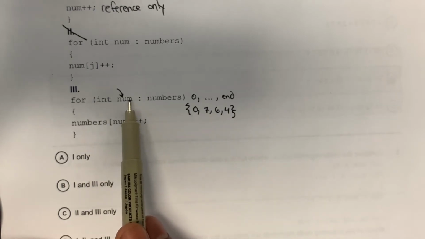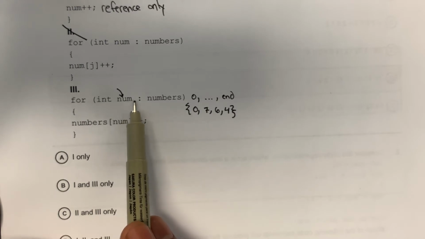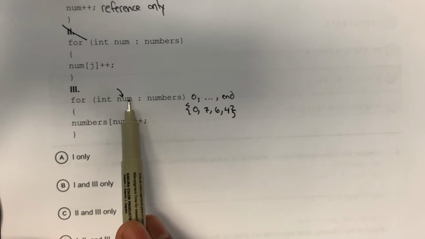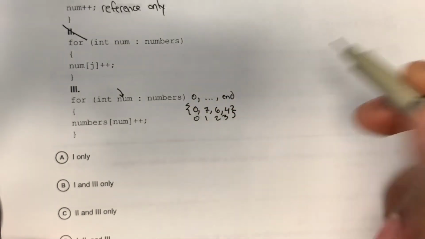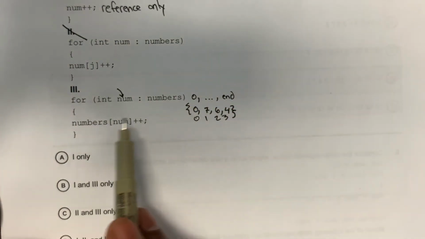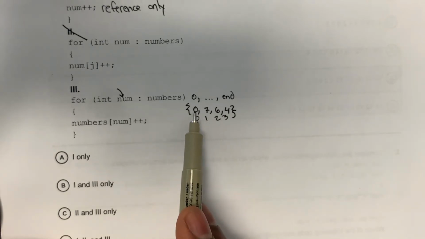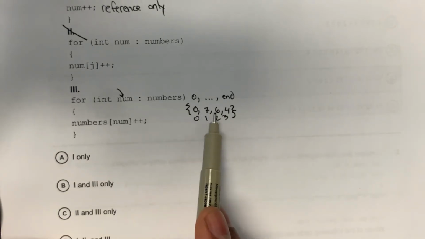Because again, this does not refer to an array position, it refers to an array value. And so if you increment by 1, we have 0, 1, 2, and 3. So this would access 0, 7, 6, and 4.